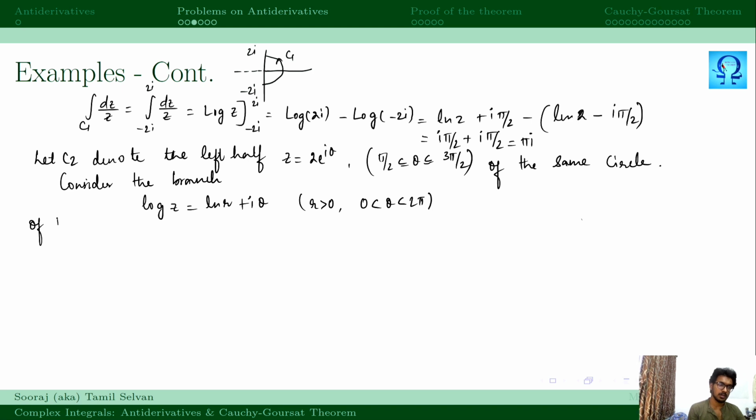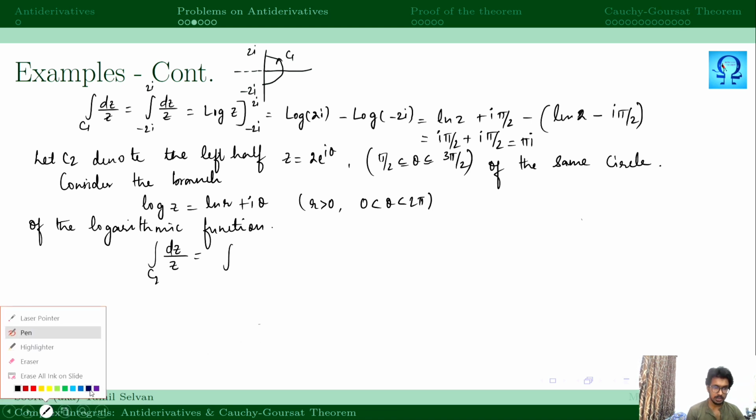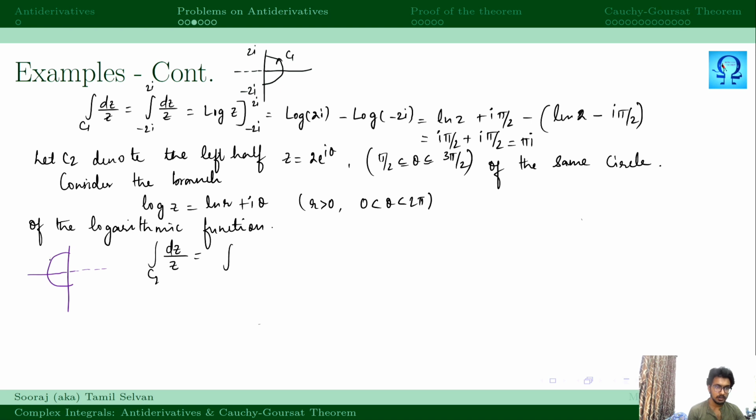This branch of the logarithmic function we are considering here serves as an antiderivative. The integral over C2 of dz upon z: if you draw the diagram, you can notice that this is your C2, again from 2i to minus 2i.